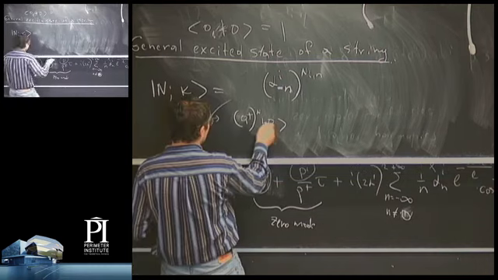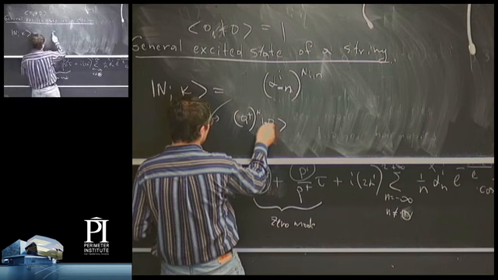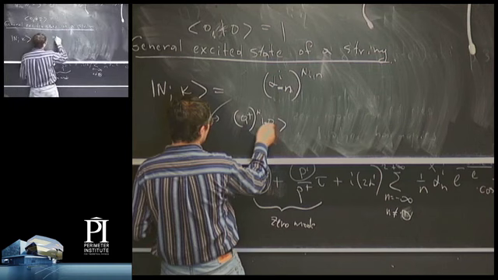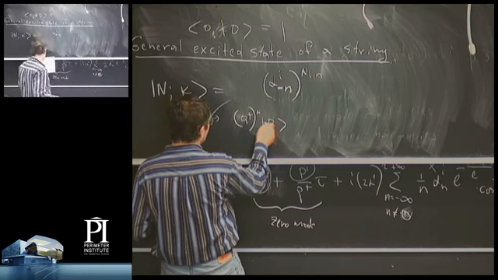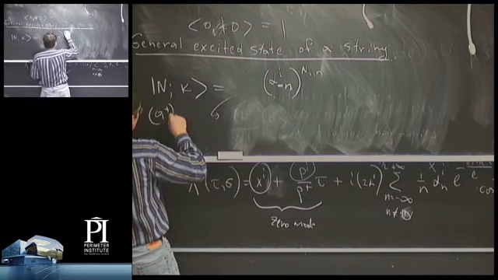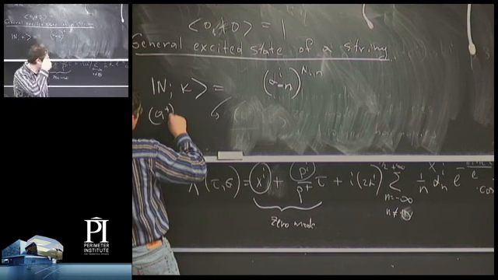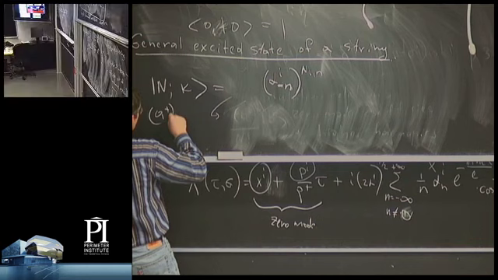I can act with the operator alpha_i minus n, where little n is positive, and I can act with it capital N_{i,n} times.